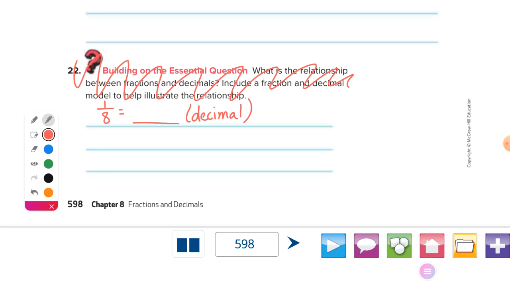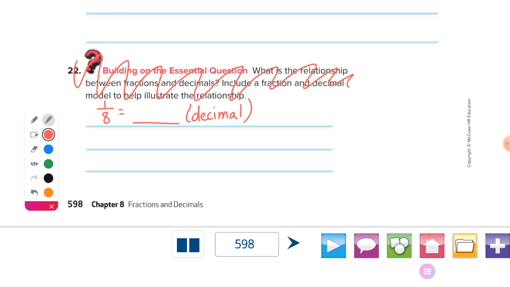So we have to have a third option. Option 1 is it's already a 10, a 100, or 1,000. Those are the ones that make us happy and make our life easy. Option 2 is a number that I can easily get to 10, 100, or 1,000. Those are like the ones we just did on the previous page. This is option 3. You can change any fraction into a decimal.